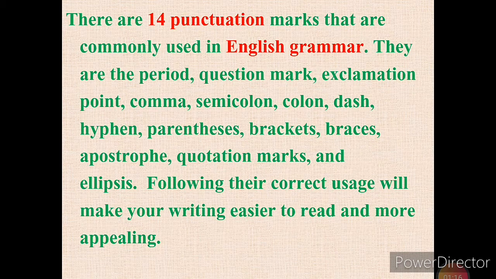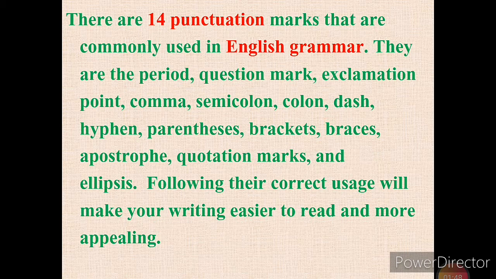There are 14 punctuation marks that are commonly used in English grammar. They are the period, question mark, exclamation point, comma, semicolon, colon, dash, hyphen, parenthesis, brackets, braces, apostrophe, quotation marks and ellipsis.